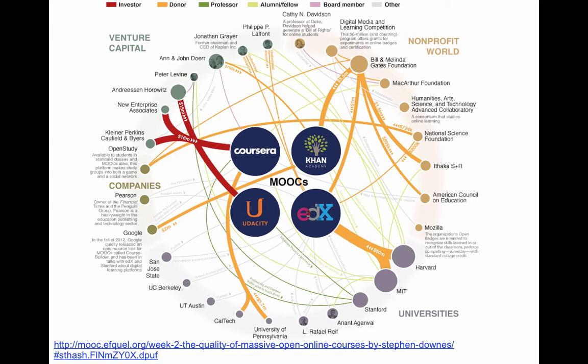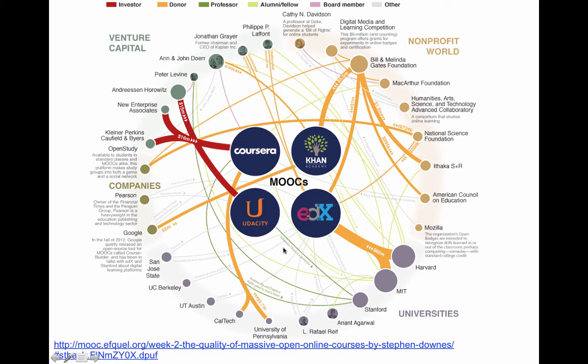Here's a nice diagram of the MOOC environment. It shows the four key players in the center. You've got Coursera, Khan Academy, MIT's edX, and then Udacity, which is founded by Sebastian Thrun, who, since this presentation was given for the FDLA conference, has moved on to the corporate world because of what he found with San Jose State University and the failure with his implementation there.